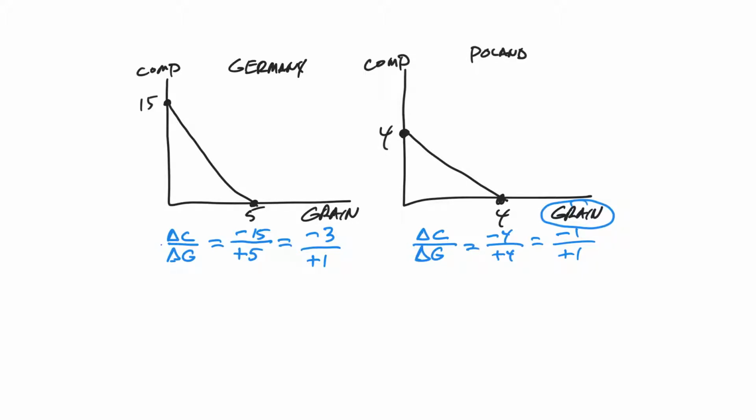Now let's do Germany. Now, a shortcut. Since we already have calculated the change in computers divided by the change in grain, all we have to do now is flip that over. Now we want to know the opportunity cost of computers, so now we want computers in the denominator.